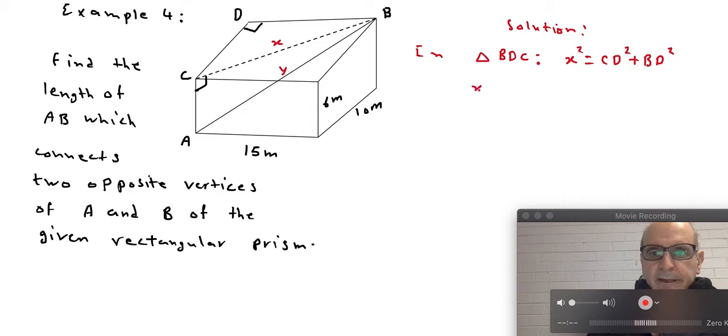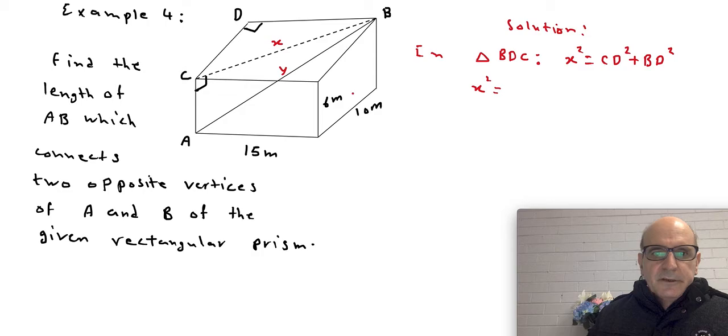Then X squared equals CD. CD is this bit, which is the same as this bit, which is 10. BD is this bit, which is the same as this, which is 15.